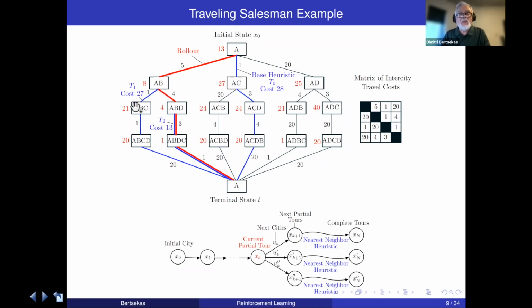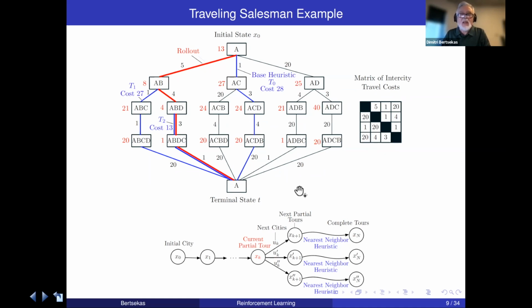And then at this stage, we add one more city that we have not visited before, and then one more city at this stage, and then we have to return to city A. Now, the travel costs are the black numbers that I have put in along those branches. You can check. A to B is 5, A to D is 20, and so on.